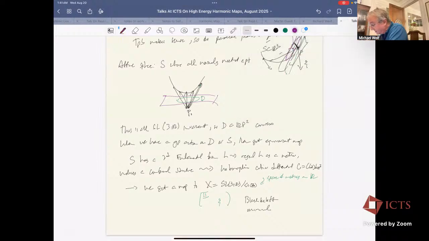I have RP2. I have my surface. I have a point P, and now the tangent space at P to R3 is an R3. I'm not doing the tangent to the surface.